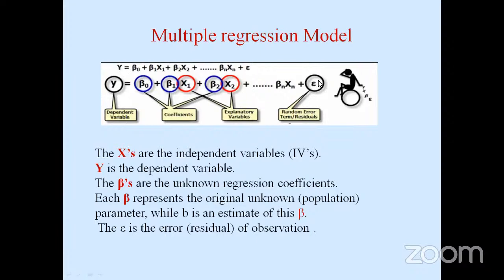This error term we will learn very clearly later. We need to understand how these explanatory variables contribute to the dependent variable. The error term is called the residual for the observations in the multiple regression model.